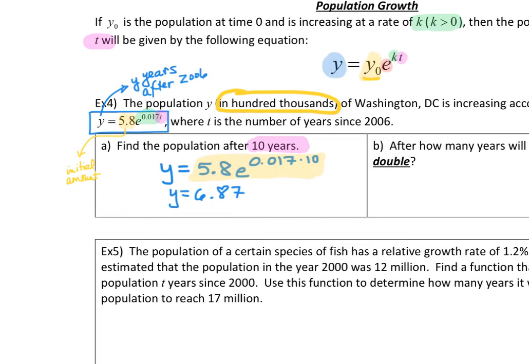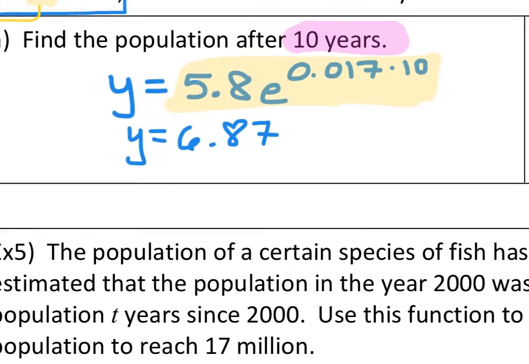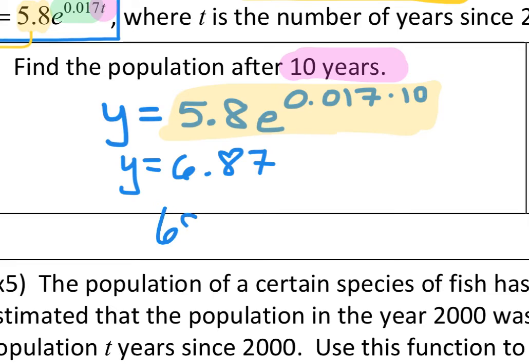But remember, your answer isn't that 6.87 people lived in Washington, D.C. in 2016. Your answer is 687,000 people. So I do need you to do that conversion. So 687,000 people.